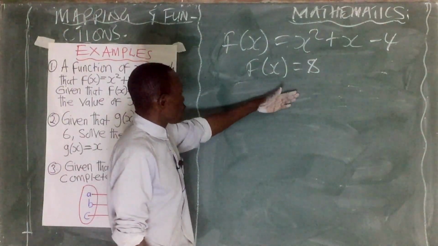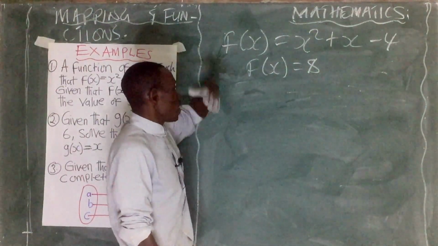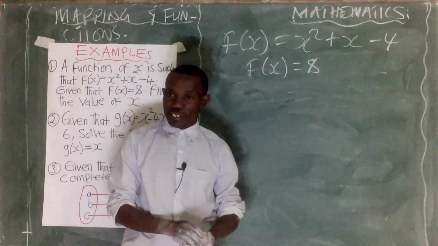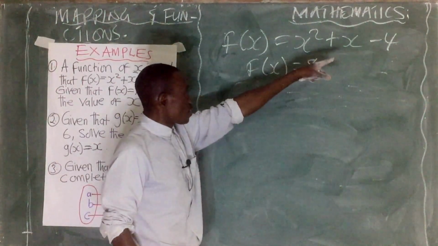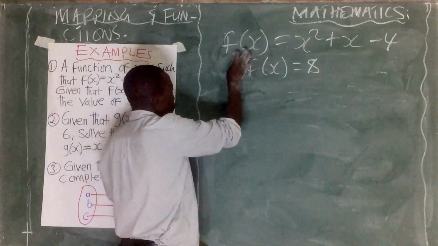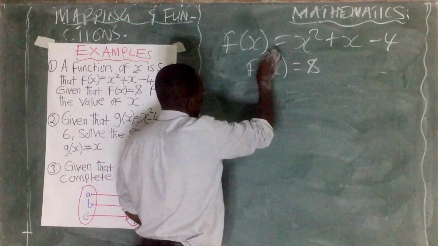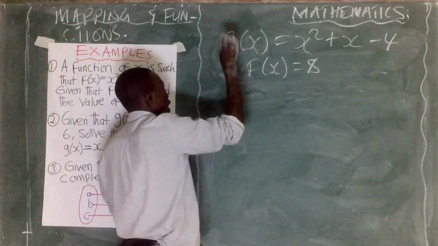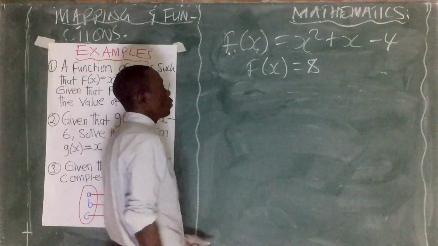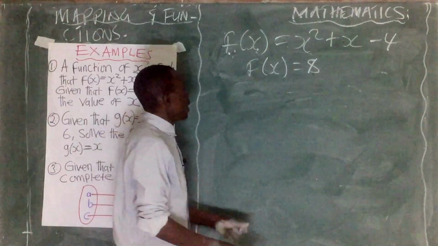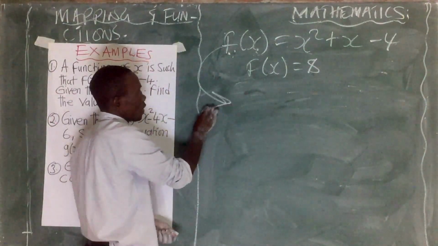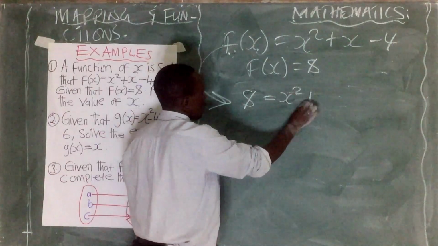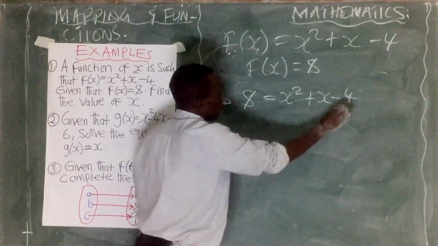So you just have to substitute wherever you see f of x in that equation, substitute for 8. So instead of writing f of x, I'll write 8 and have a situation that looks like this. Here I have 8 equal to x squared plus x minus 4.